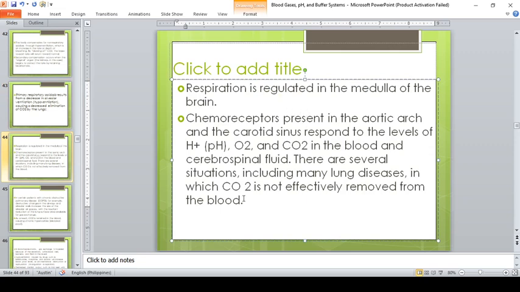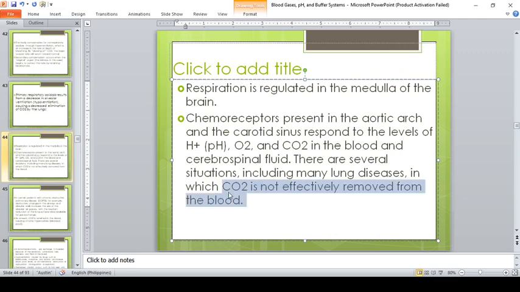So, if there's a decrease in alveolar ventilation or hypoventilation, that may lead to respiratory acidosis. So respiration is regulated in the medulla of the brain. So chemoreceptors present in the aortic arch and the carotid sinus respond to the levels of hydrogen or pH, oxygen, and carbon dioxide in the blood and the CSF. There are several situations including lung diseases in which carbon dioxide is not effectively removed from the blood.